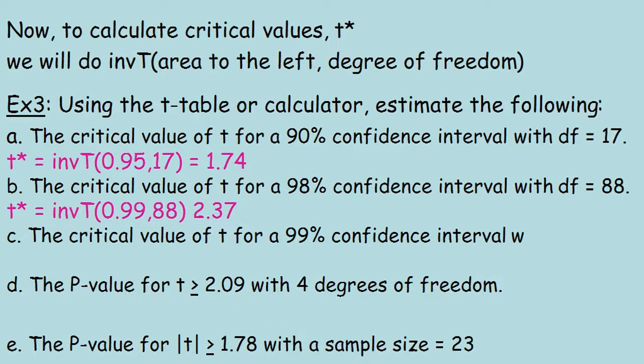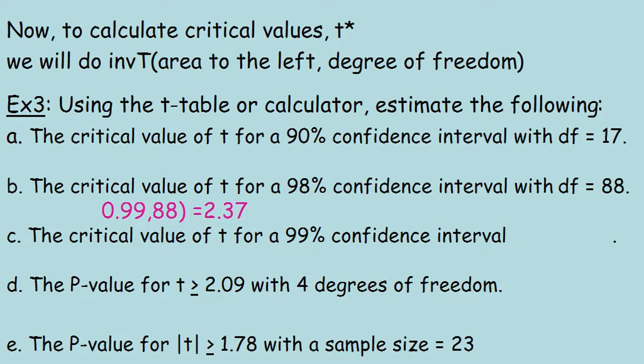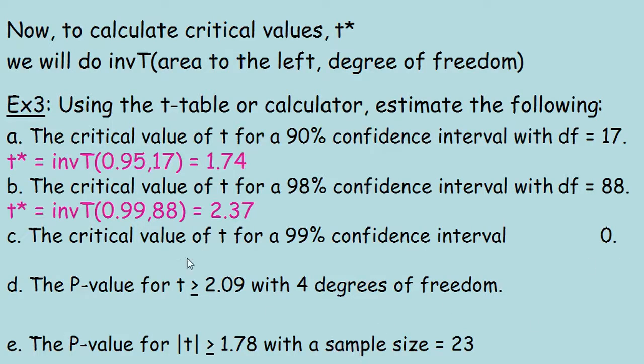So I got 2.37. You're going to have to finish the rest of these by yourself. I'll finish the video and then you can just watch the last 5 minutes, or just go through the PowerPoint and finish the rest of these. Practice doing some z and t intervals.